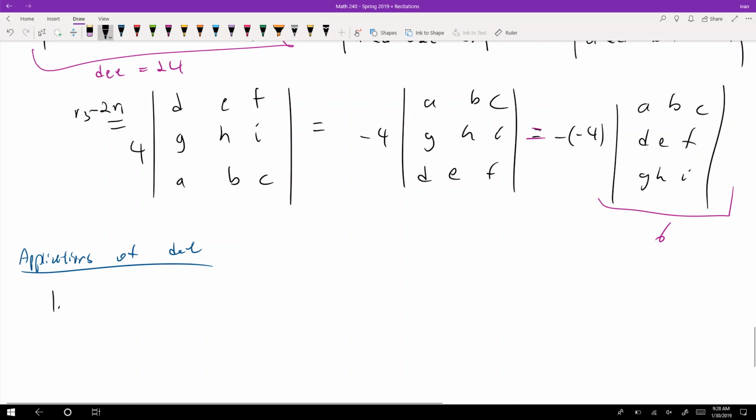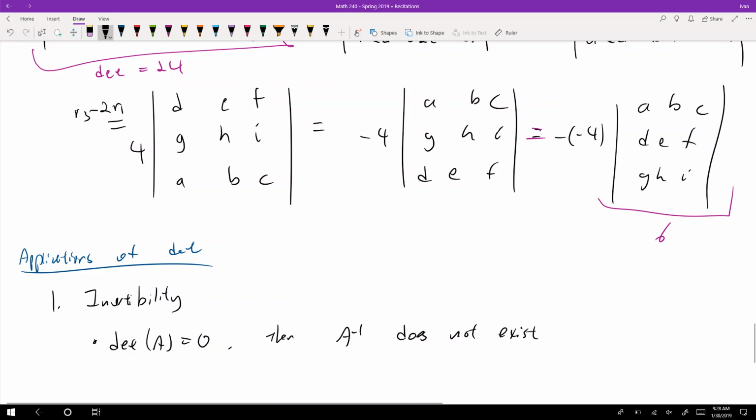Okay, the first big thing that determinants tell us is invertibility. And it's the following. If I know that the determinant of A is equal to 0, then A inverse doesn't exist.